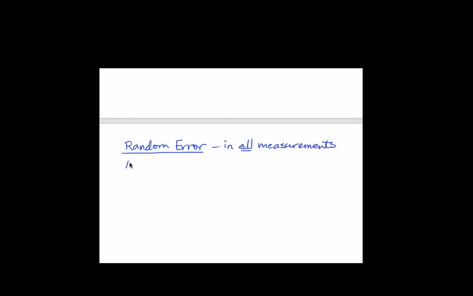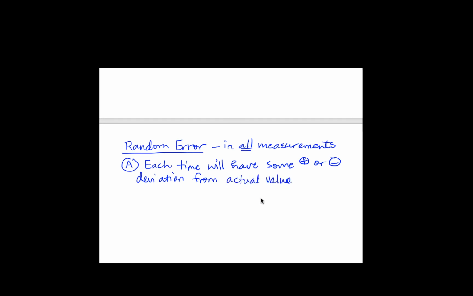Our fundamental pieces of random error here are that each measurement will have some positive or negative deviation from the actual value. And we can't predict whether it's going to be positive or negative. And the second part we need to remember about random error is that it can't be corrected.